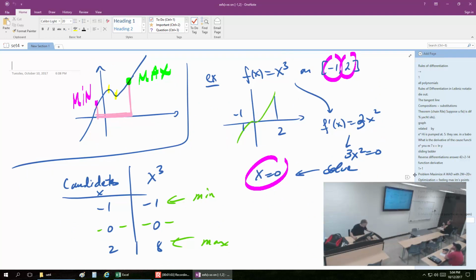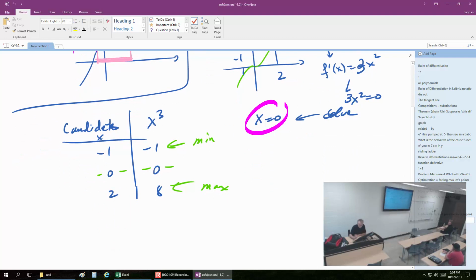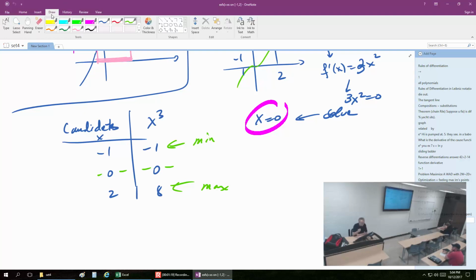Okay, so maximum and minimum points, and as you can see, we have put on the list the points where the derivative is equal to 0, as well as the endpoints. Technically, there is a third possibility: zero derivative, the endpoints of the closed interval, but also the possibility that the derivative is undefined.